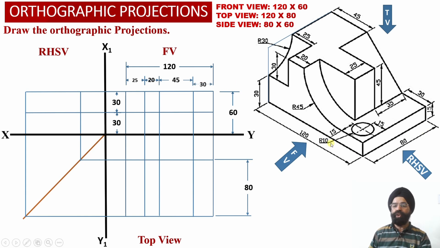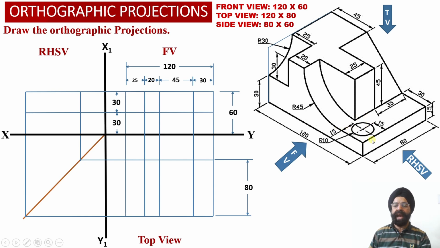Now another thing we know is that this flat element which is our element number 5 has width equal to 30 millimeter. So we have marked this width equal to 30 millimeter, corresponding to the remaining surface of the solid which is available towards the right hand side portion of this solid over here.